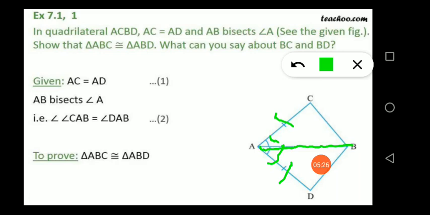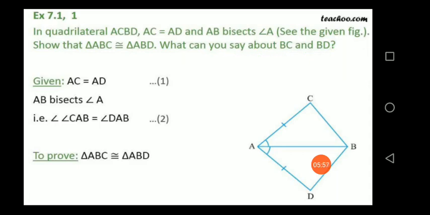So we can say by side angle side, these two triangles are congruent. Then the question asks what you can say about sides BC and BD. Since the two triangles are congruent, all the other parts should also be equal, and hence we will say BC and BD are equal by CPCT.